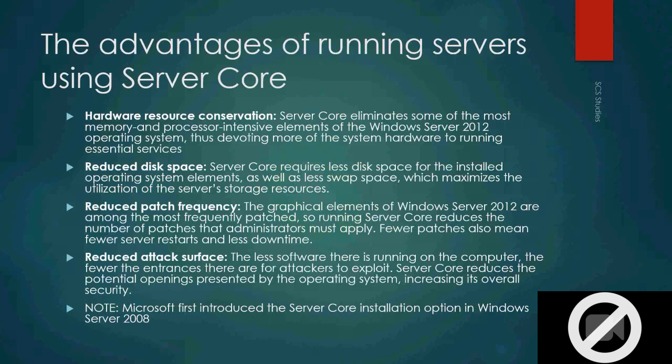So this is another important thing we have to understand. Reduced disk space is the second point, where we can understand that server core requires less disk space for installation. Just before this slide we understood the minimum requirement of Windows Server 2012, where we learned that 32 gig of hard disk space is the minimum required.